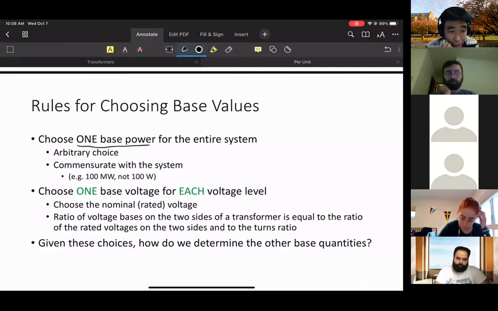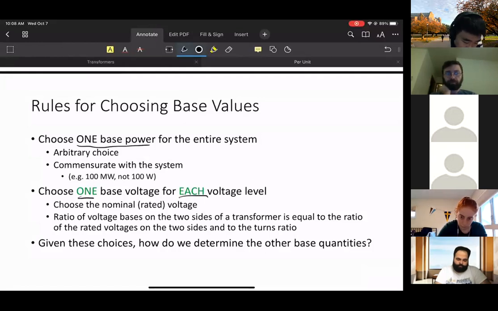If you're talking about a large system, then most likely it'll be 100 megawatts or 1 gigawatt, not 100 watts. So make a reasonable choice, but it is an arbitrary choice. Then we choose one base unit for each voltage level if you have a transformer.